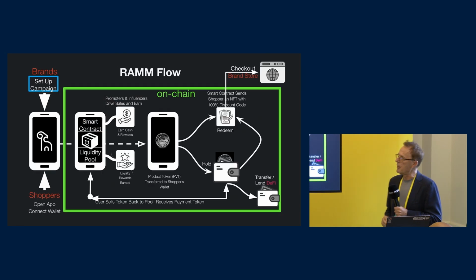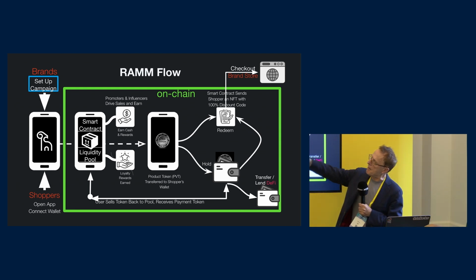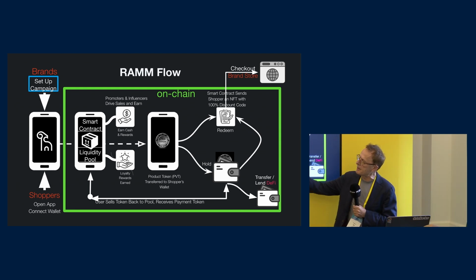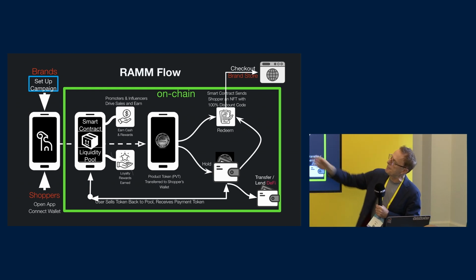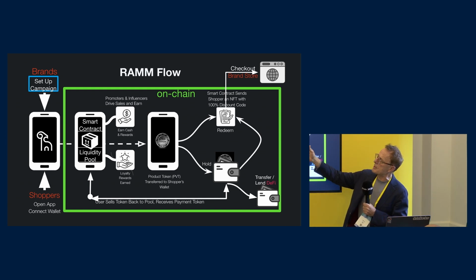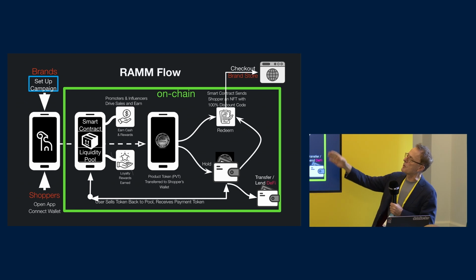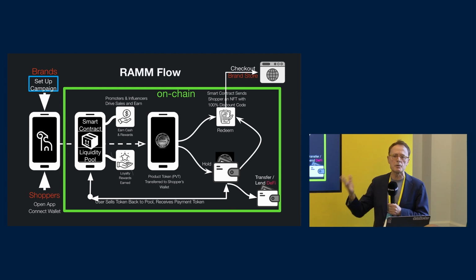But this is the flow that's important. As you can see, the brands set up campaigns up there. That's outside. The green is the blockchain. And shoppers come in, and basically a smart contract is set up as they set up the campaign, and tokens are created. And when you purchase, you get a token that's embedded in your wallet, and then you can do one of several things.